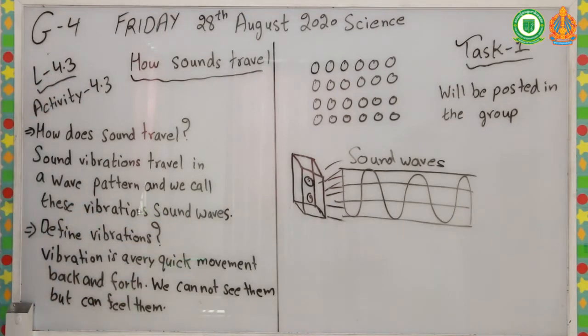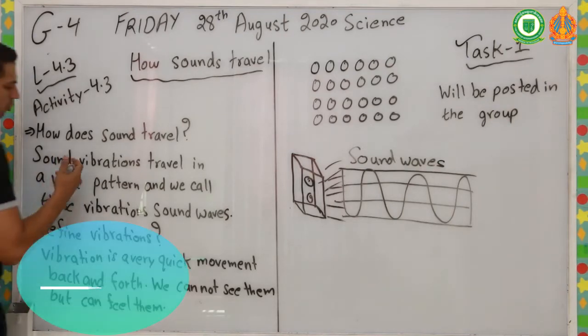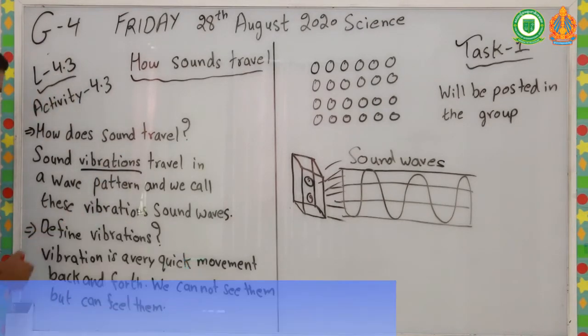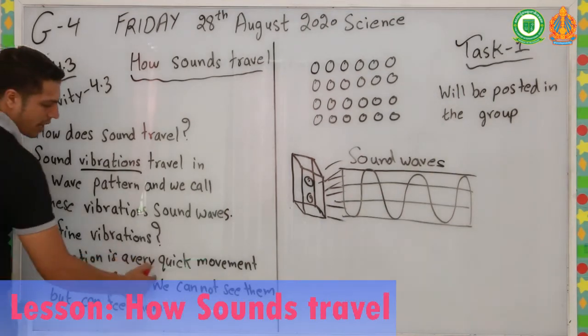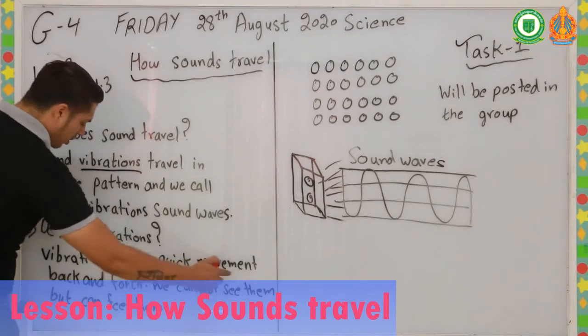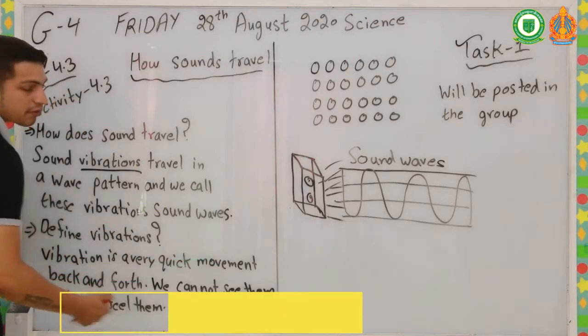Next, define vibrations. Here we should know what vibrations are. A vibration is a very quick movement back and forth. We cannot see them, but we can feel them.